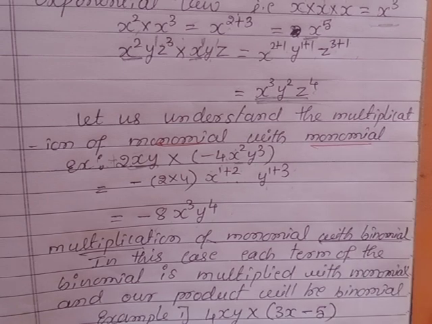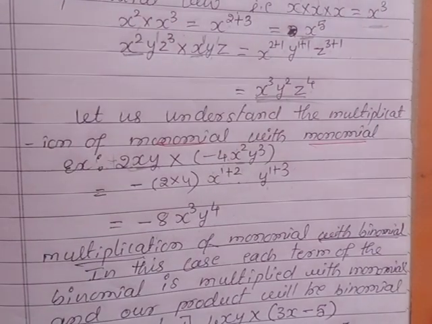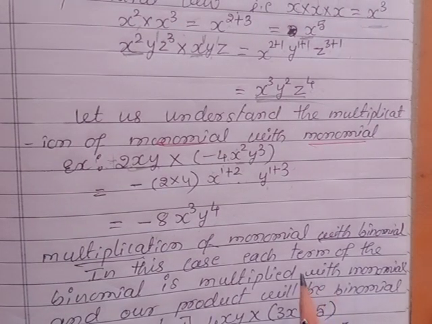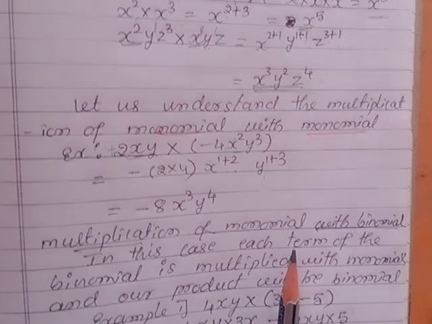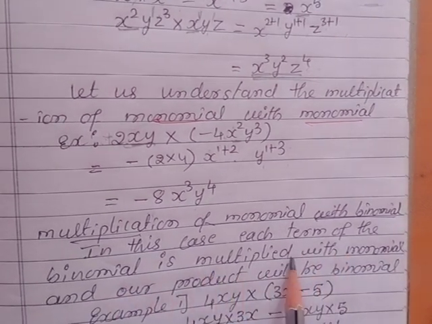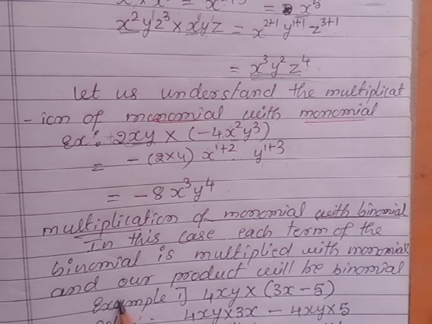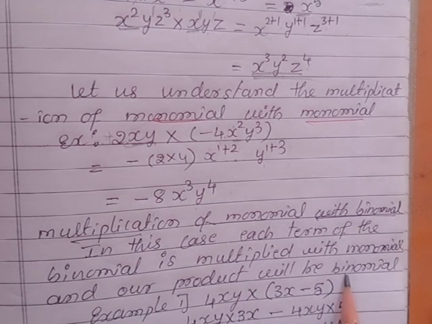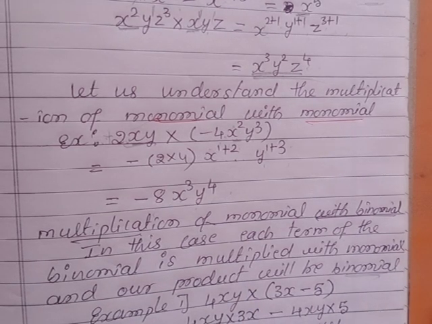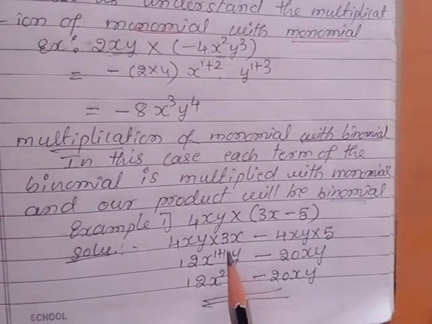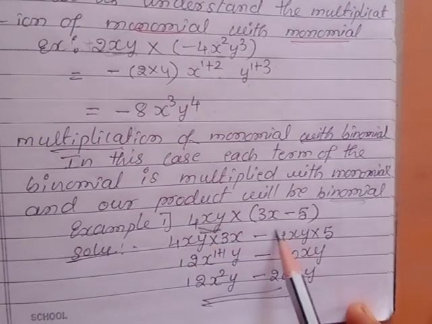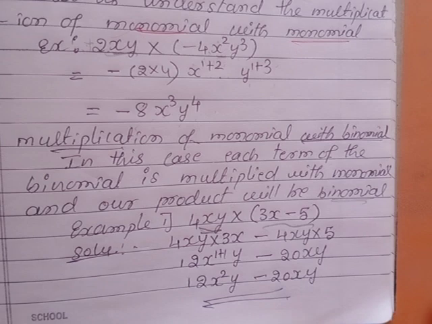Now let us check how to multiply a monomial with a binomial. Here each term of the binomial is multiplied with the monomial, and the product is always a binomial expression only. Here I took an example: 4xy is a monomial, 3x minus 5 is a binomial.